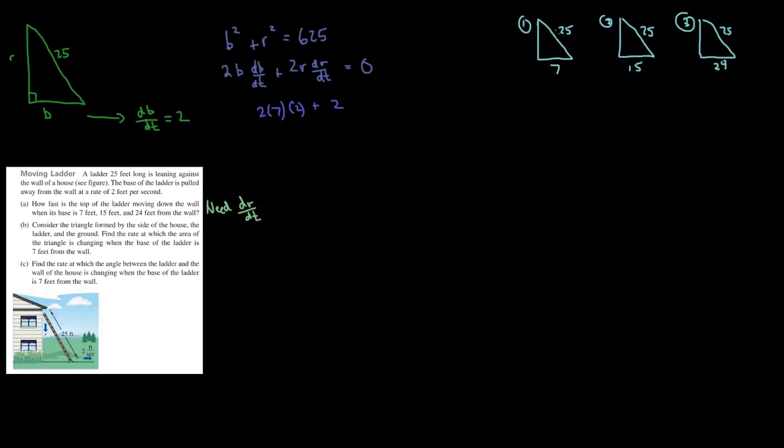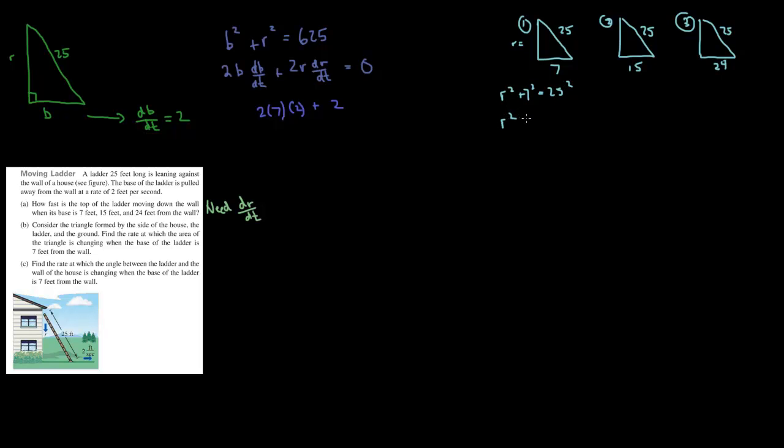Now the way to find r is just to consider this case right here. Clearly we can use the Pythagorean Theorem to solve for r. We could say that r squared plus 7 squared equals 25 squared.